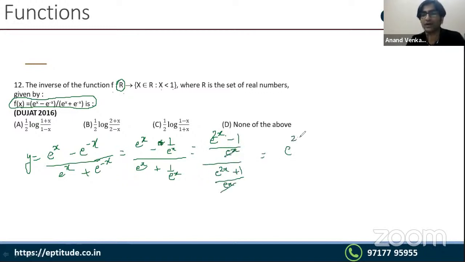So you will end up getting e power 2x minus 1 divided by e power 2x plus 1.